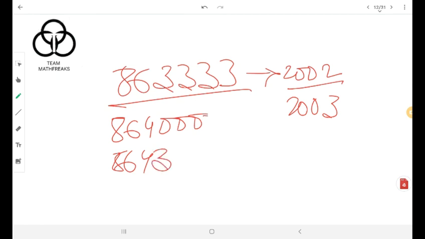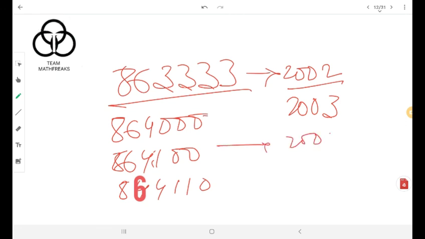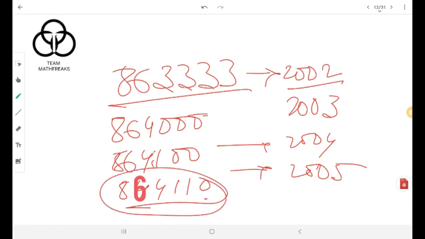Why 3? 1 is also there. 8641, 1, 0. This is 2004 and this is 2005. INMO 2005 problem solved. INMO 2005 done.